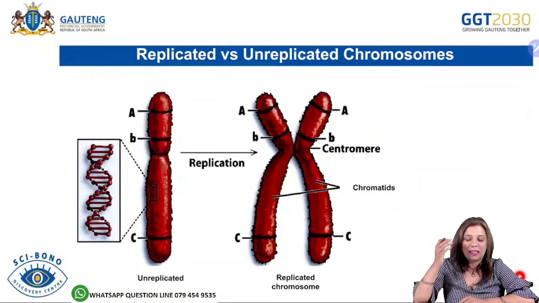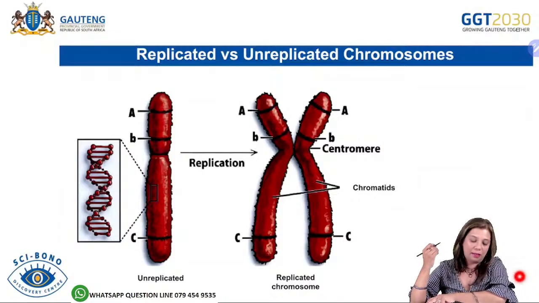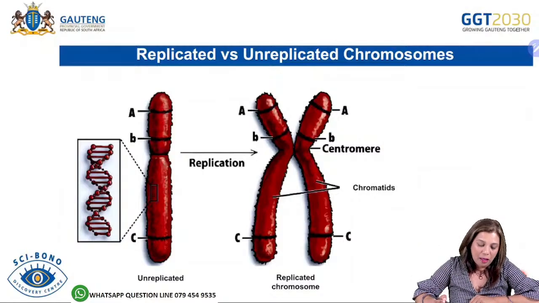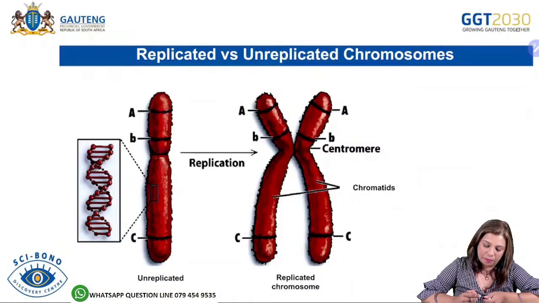So now we're going to discuss replicated and unreplicated chromosomes. Okay, so if you look at the diagram, it's very, very easy to understand. On the left of the diagram, you got the DNA structure. Okay, so this DNA is an unreplicated chromosome.